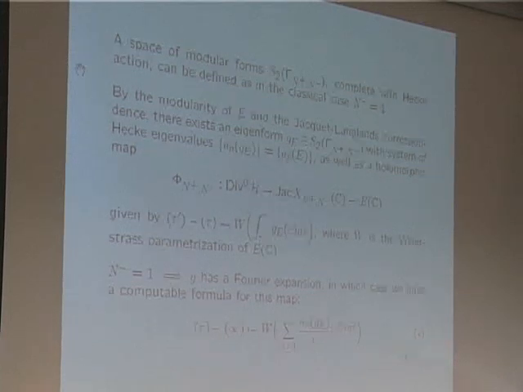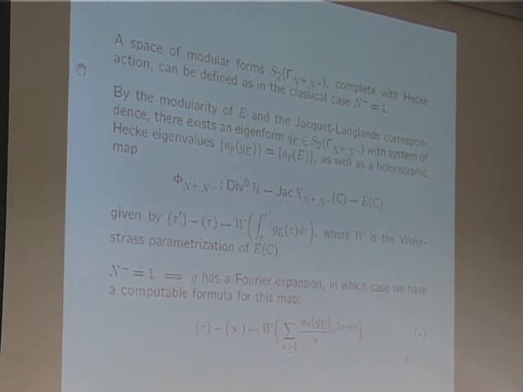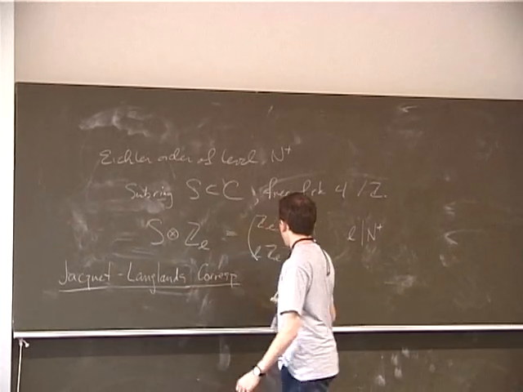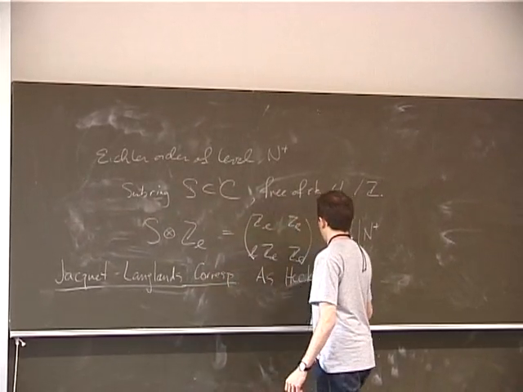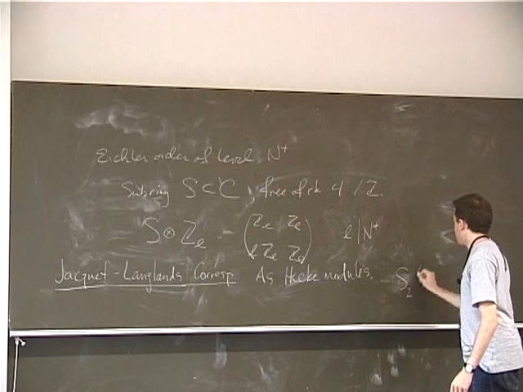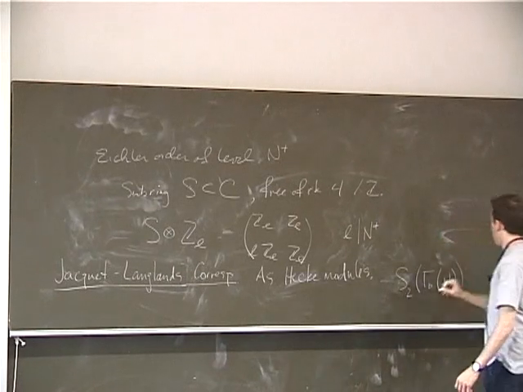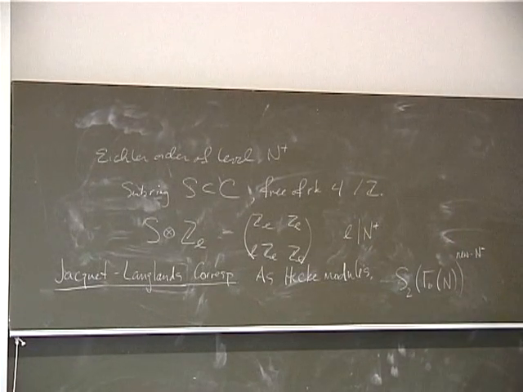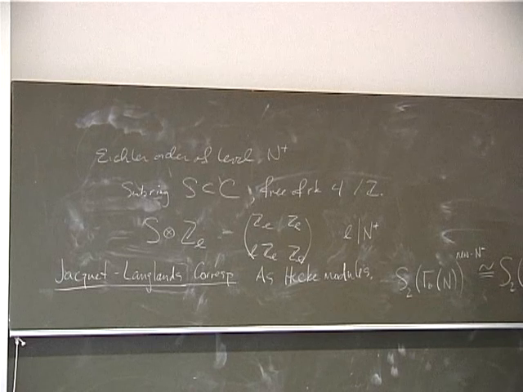What the Jacquet-Langlands correspondence says is that as Hecke modules, if you look at S2 of Γ0(N), and you restrict to those that are newforms at N minus, at this ramification locus, then this is isomorphic to what I called S2 of Γ(N plus, N minus).